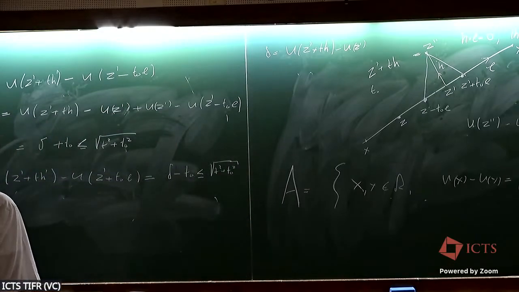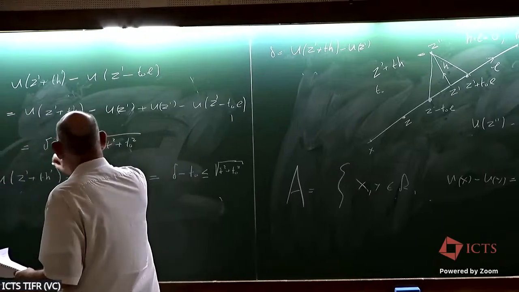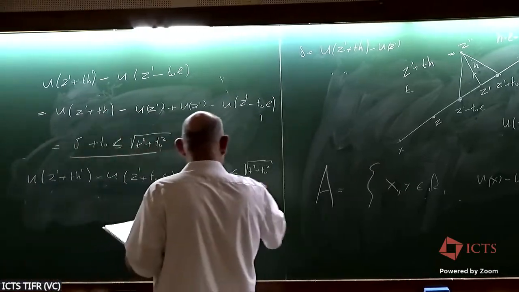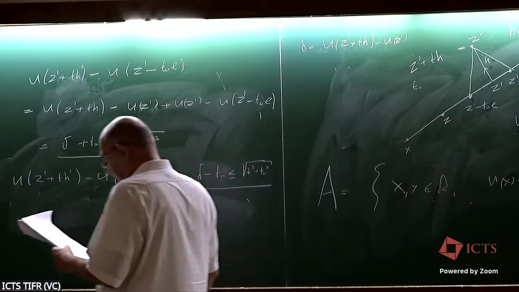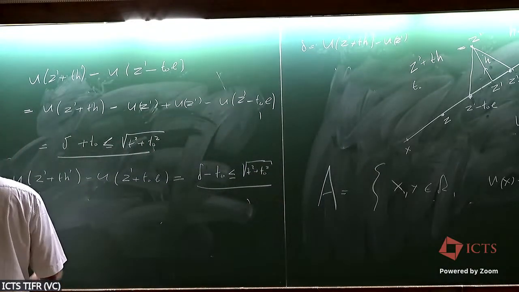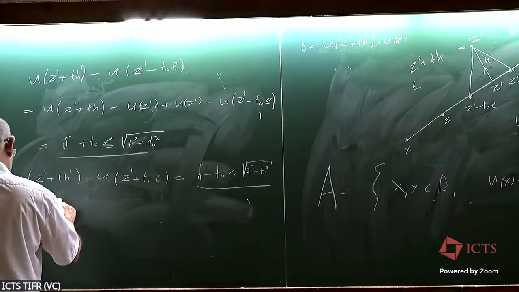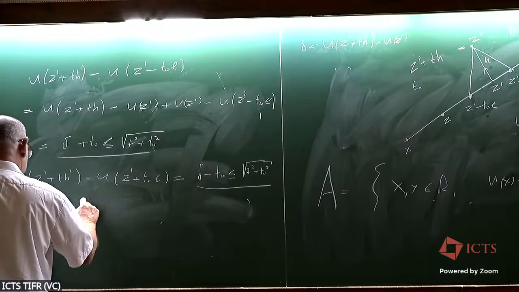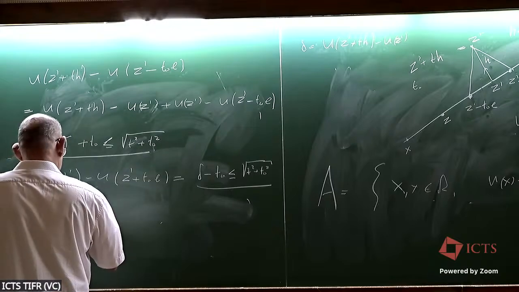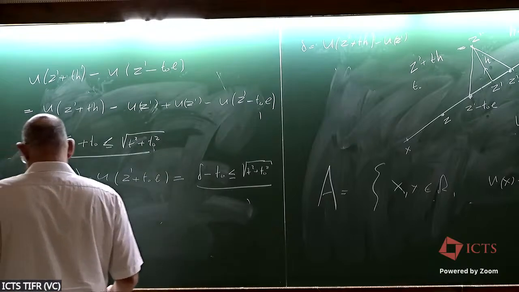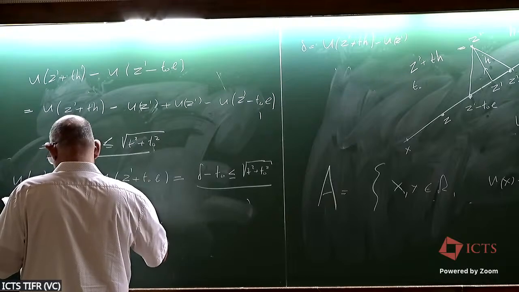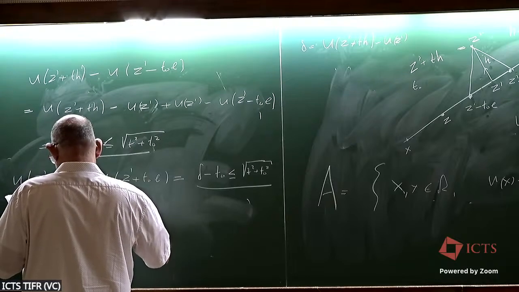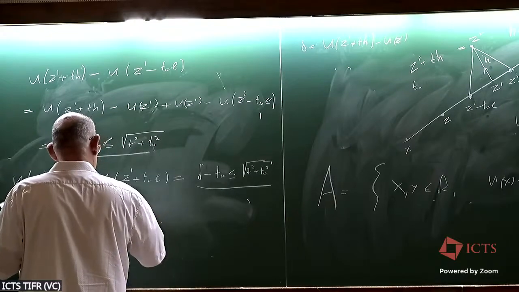Of these two inequalities, we square both sides, so we get that t squared plus t0 squared is bigger or equal than delta plus or minus t0 squared.